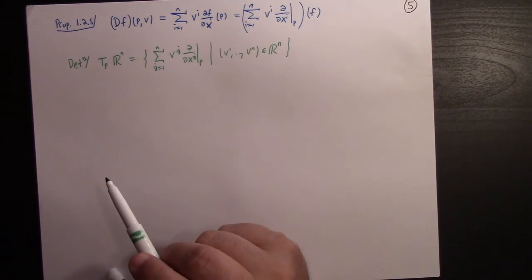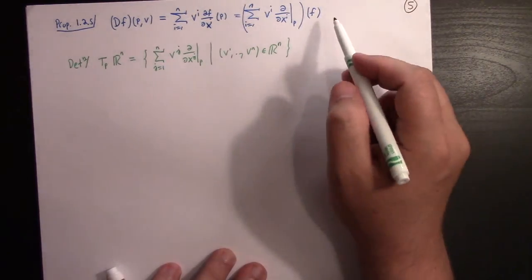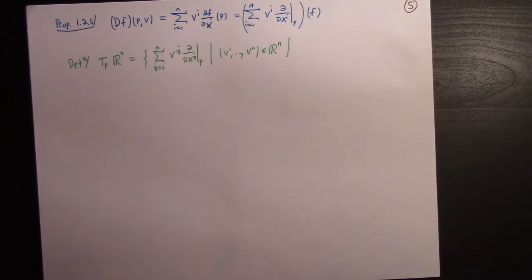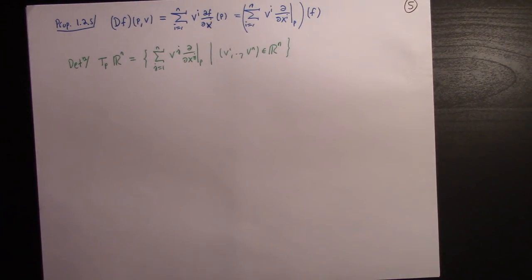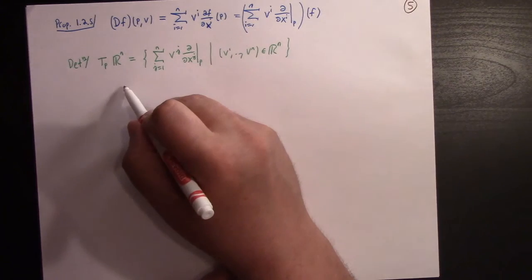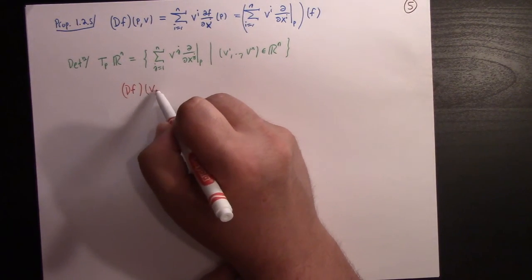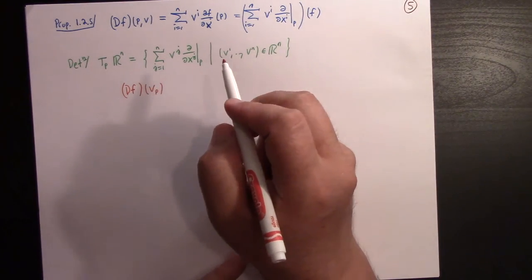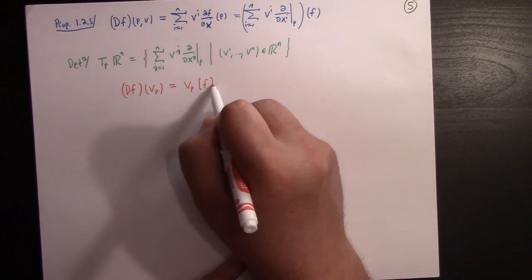And in this notation, all of a sudden, we get the directional derivative. Well, what is the directional derivative then? Oops, wrong. I'll eventually find the one I want. I have this, right? d f of the vector attached to the point P, the directional derivative of that, it's nothing more than V p acting on f.